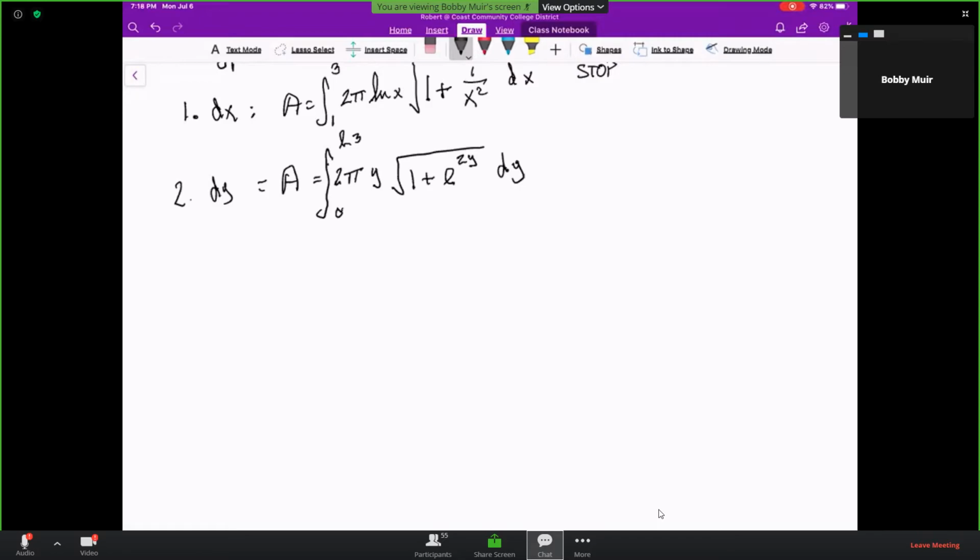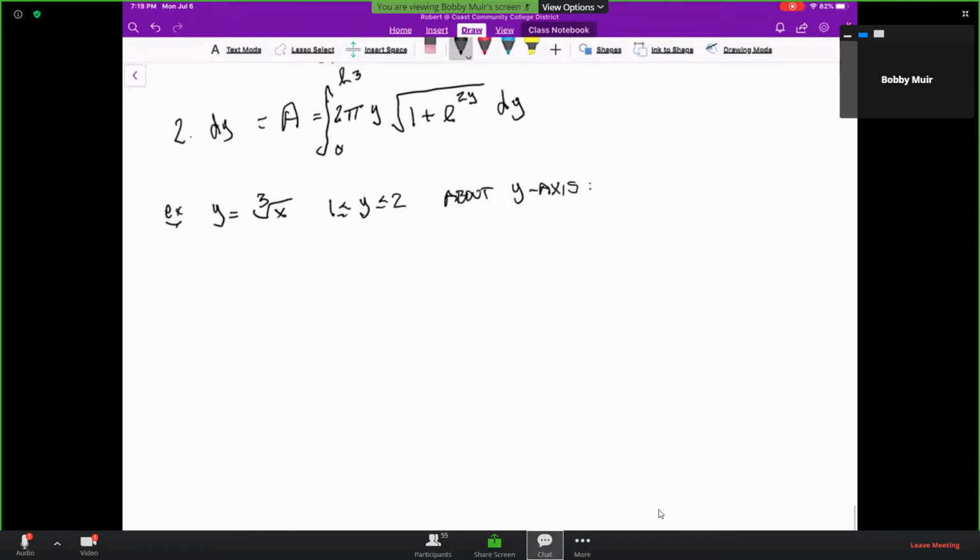So for our next example, we'll look at this guy. Okay, now this one we actually will take to completion. All right. So I've got y equals the cube root of x, 1 less than or equal to y less than or equal to 2. And I want to go about the y-axis. Okay. All right.